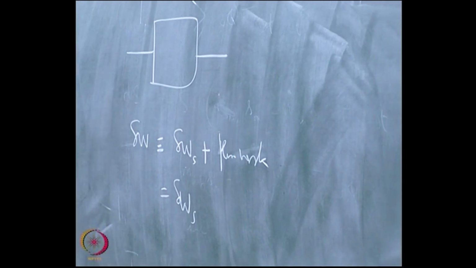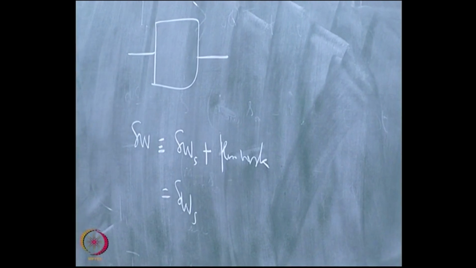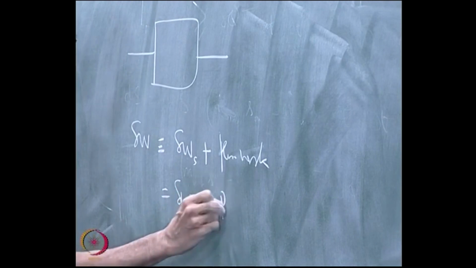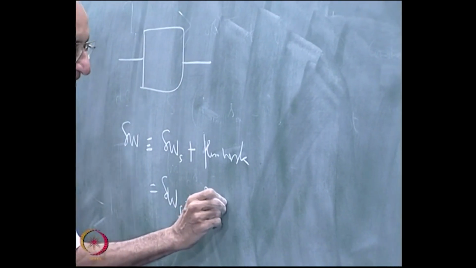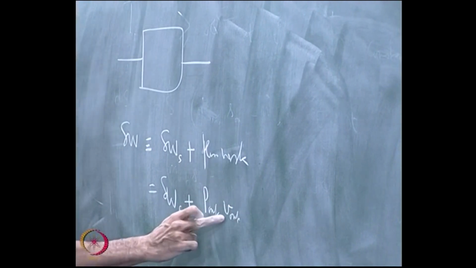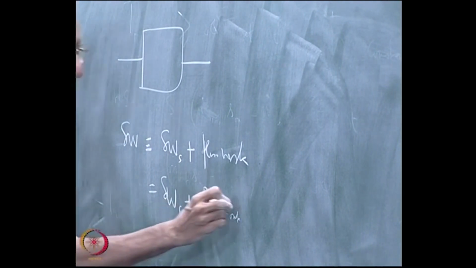Flow work is simply the work done by the system, which would be pressure at the outlet, V at the outlet, this is specific volume, times dm out.